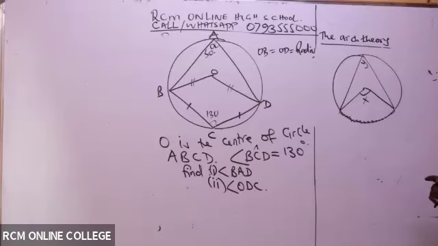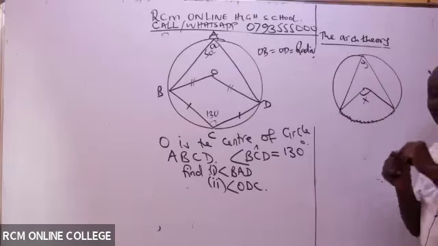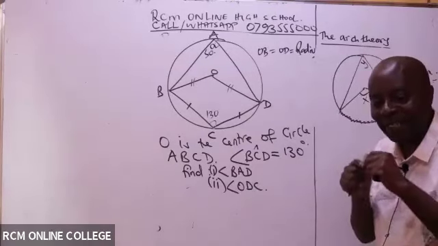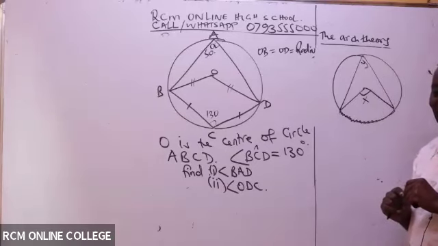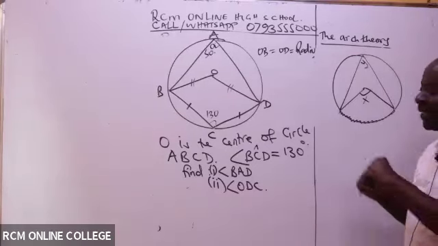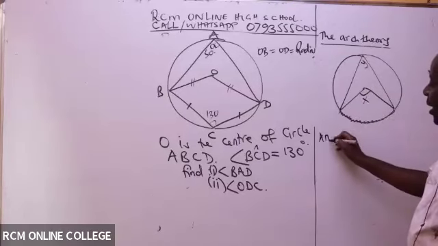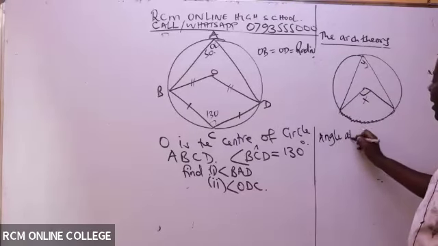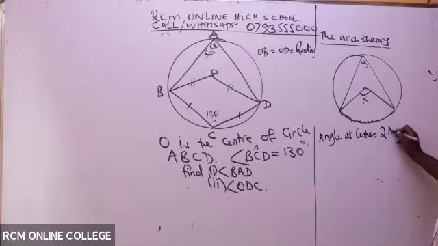And if you remember very well, the angle at the center will always be equal to double the angle at the circumference. This angle at the center, the arc angle at the center, will always be equal to twice the angle of circumference.